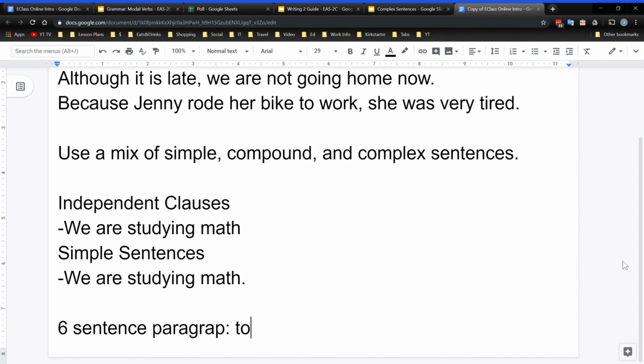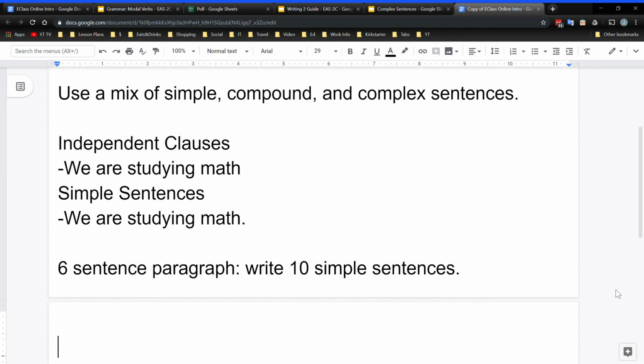So to do this, you should write at least 10 simple sentences. So the reason you would write 10 simple sentences, well, let me show you first.